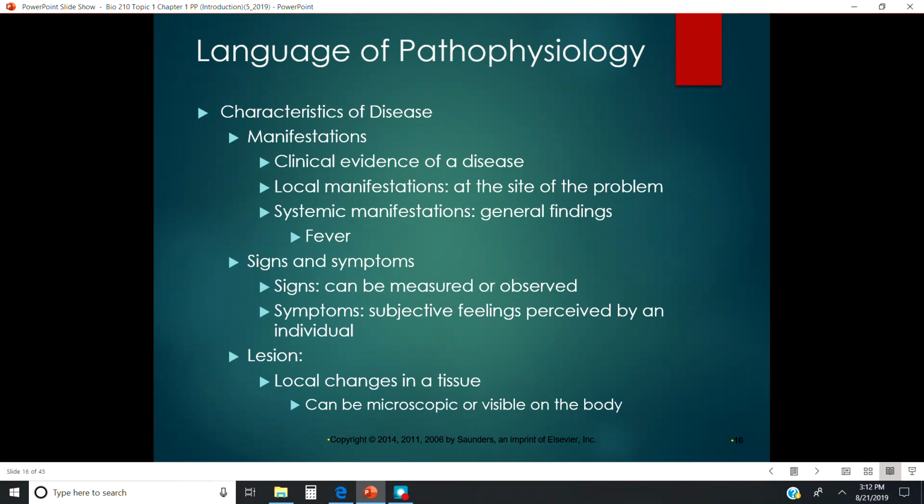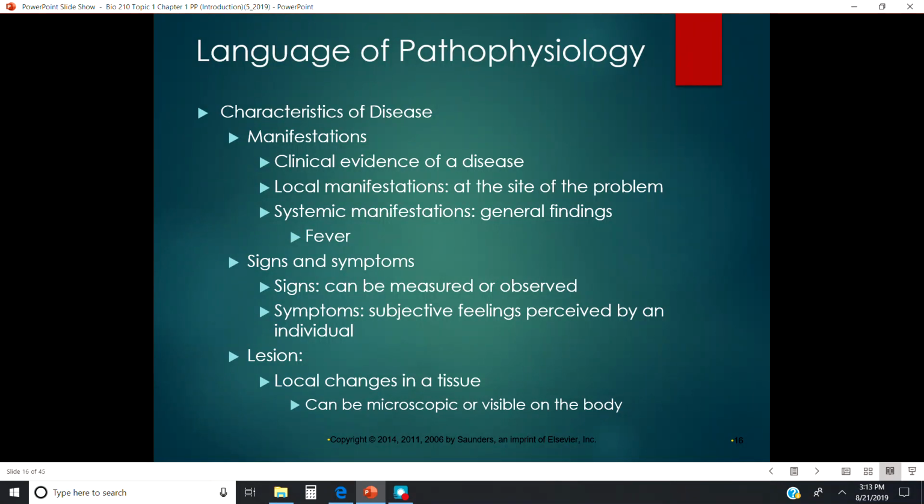Now, once a person does exhibit signs and symptoms that actually help to establish a diagnosis, that would be what we call the manifestations, right? This is the clinical evidence of a disease. If the manifestations are in just one part of the body, we call that local manifestations.